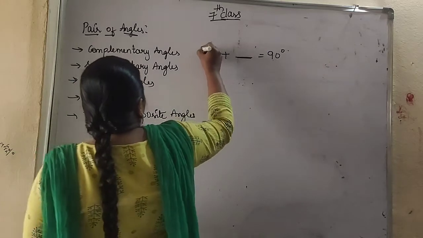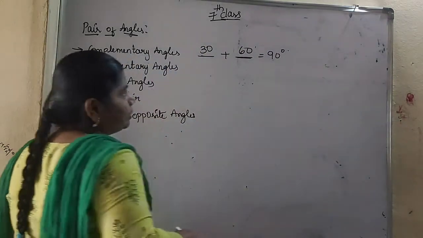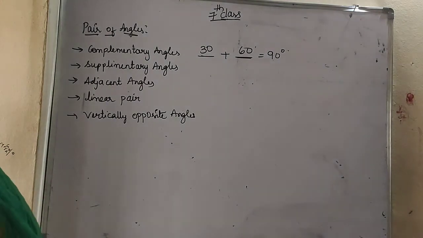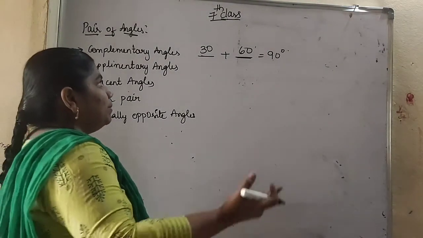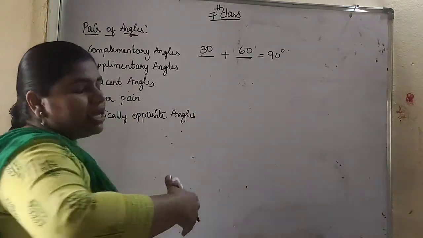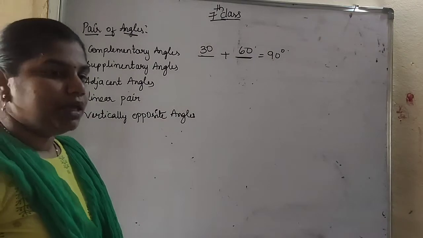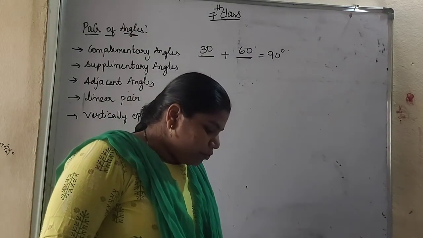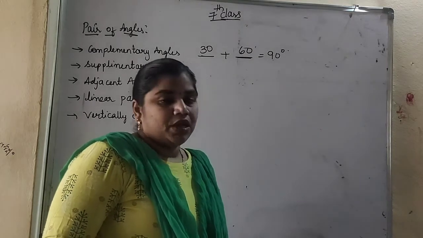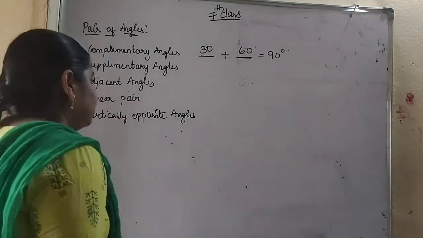You can take here 30 and 60. 30 plus 60 is how much? 90. So you can tell this 30 and 60 are complementary angles to each other. The complementary angle of 30 is 60 and the complementary angle of 60 is 30. So complementary angles means the sum of two angles should be equal to 90 degrees.